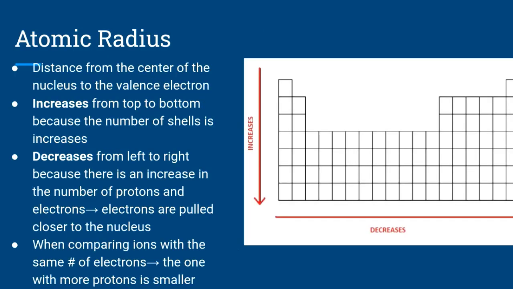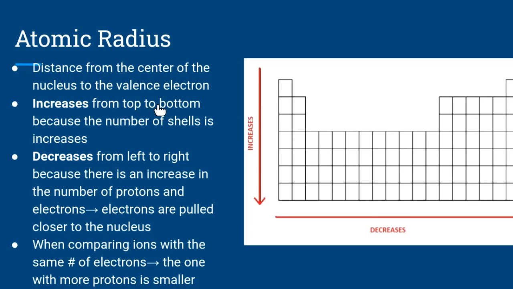All right, so our first periodic trend, and I like to think of it as the most important, is that you're able to visualize your atomic radius periodic trend. So going from the top to the bottom, you're adding shells, right?